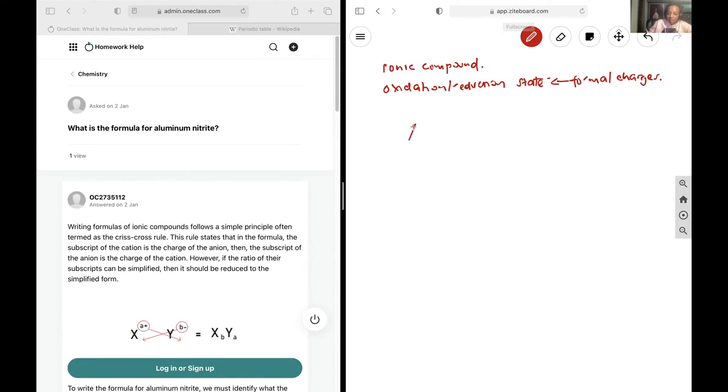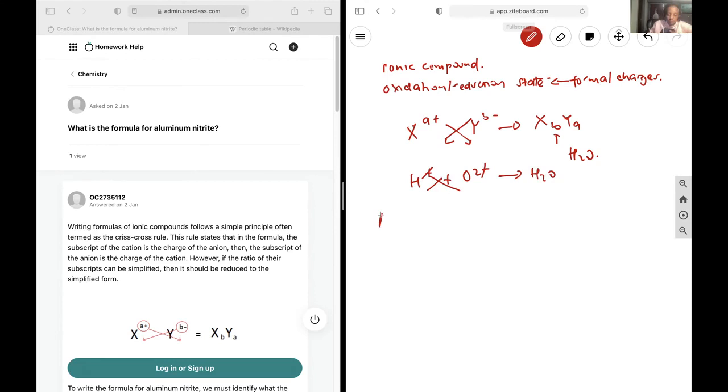And so if we have element X, for example, and element Y with these respective charges, then we're just going to crisscross them. And when they combine, you get X and Y with subscripts, like the subscripts that you see in H2O. So for H2O, we have H that has a plus, and O, which has 2 minus. So when you crisscross them, it becomes H2O. The two charges cancel because positive and negative, and that's it.